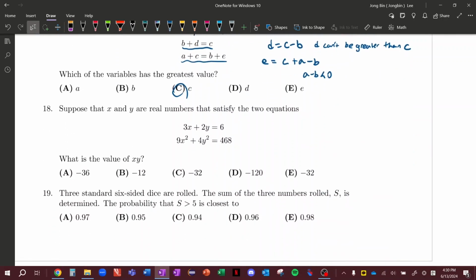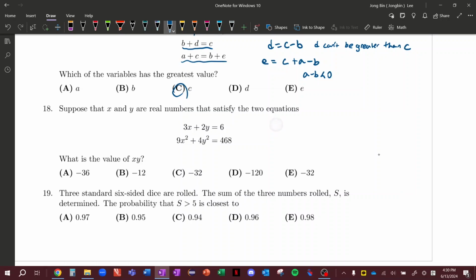Question number 18. Suppose that x and y are real numbers that satisfy the following two equations. What is the value of xy? So when I look at these two equations, I see the relationship of 3 being squared, x being squared, 2 being squared, y being squared.